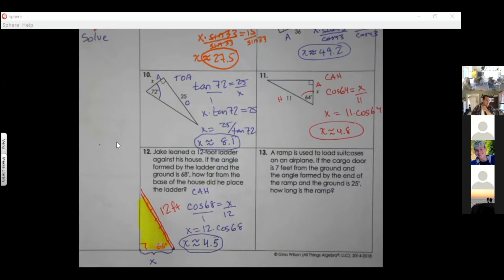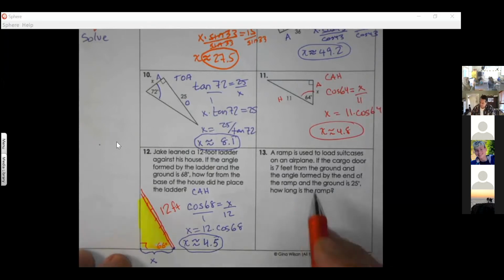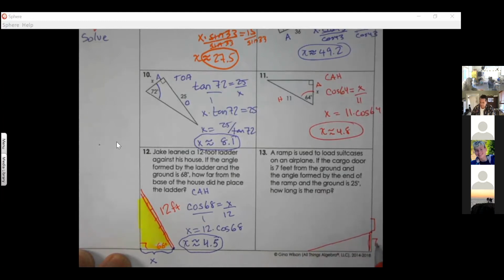Last one on this page. It's asking us: a ramp is used to load suitcases onto an airplane. Okay, so here's the little airplane door, and there's the ramp loading suitcases. If the cargo door is 7 feet above the ground, so this part is 7, and the angle formed by the end of the ramp and the ground, so that's here, is 25, how long is the ramp?